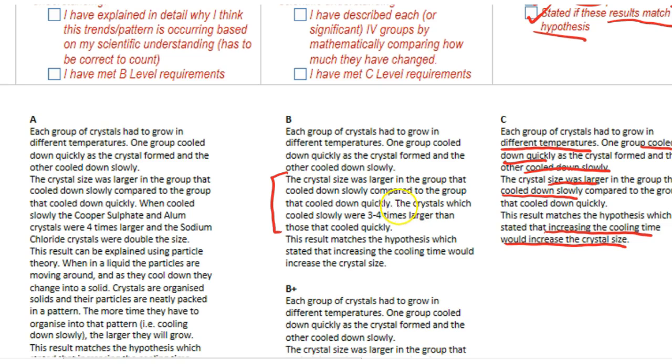We've put here on top of this, the crystals which cooled down slowly were 3 to 4 times larger than those that cooled quickly. In other words, I've described this mathematically so people can start to get a picture in their heads of what it looks like. That's the important thing. And as long as you've got that, you are sitting on a B.